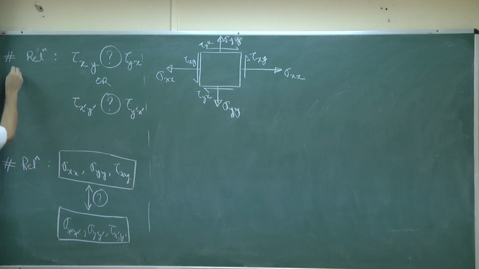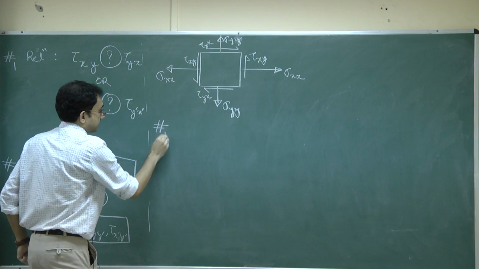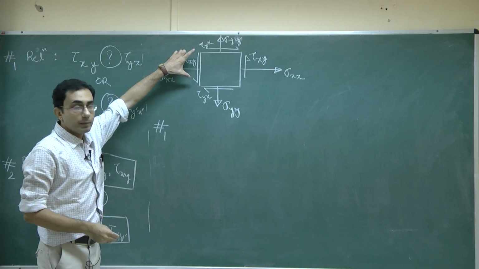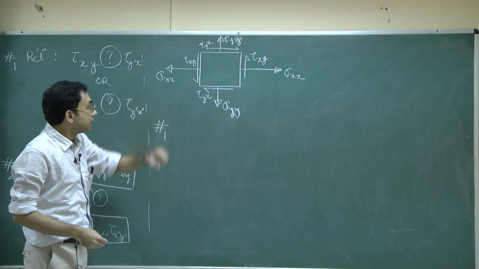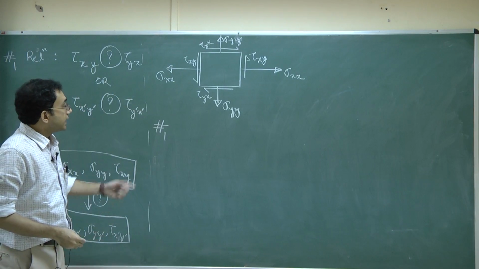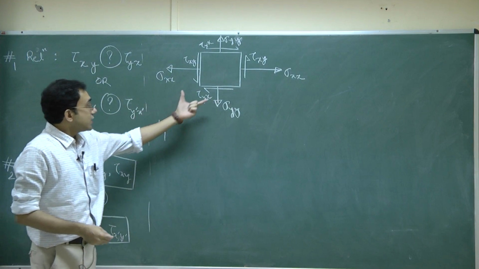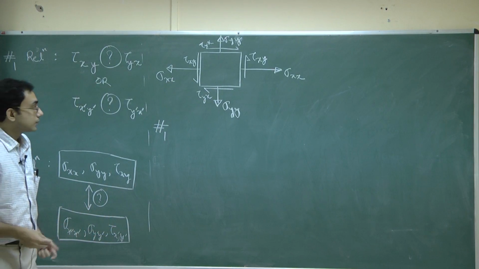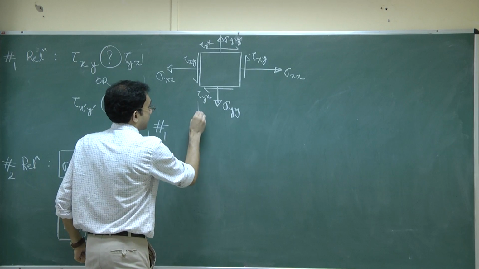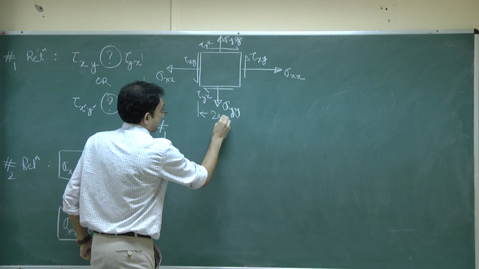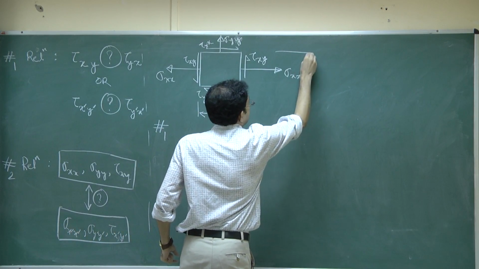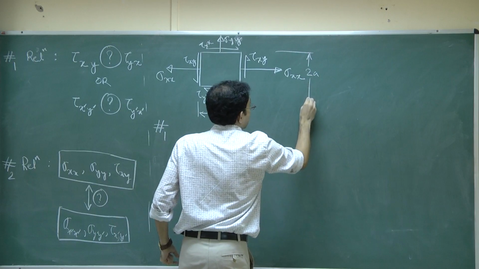So, we want to answer this first question here. What we will do is, we have already mentioned that this is a little square, and let us consider that each of the sides of this square is of length twice a. So, this is twice a and this is twice a.